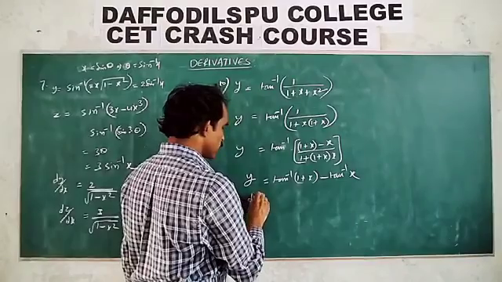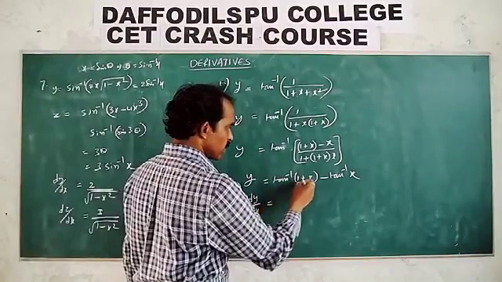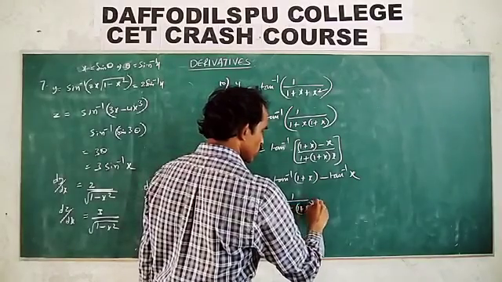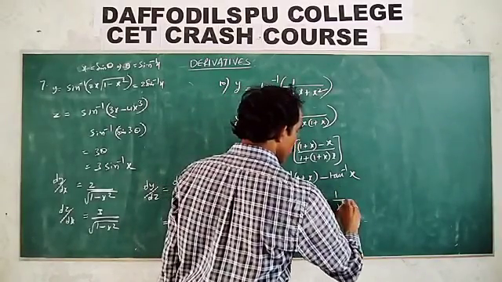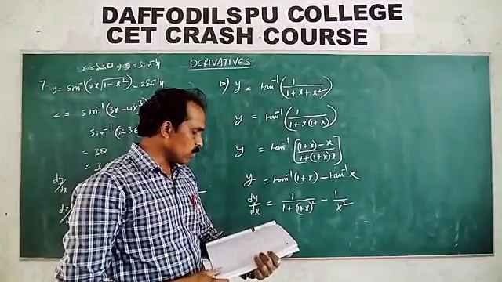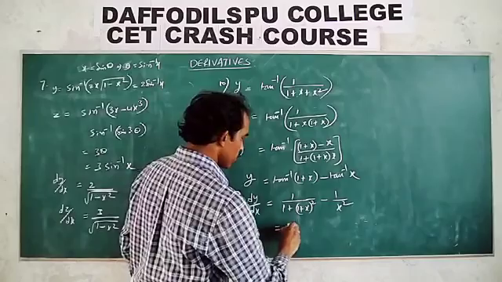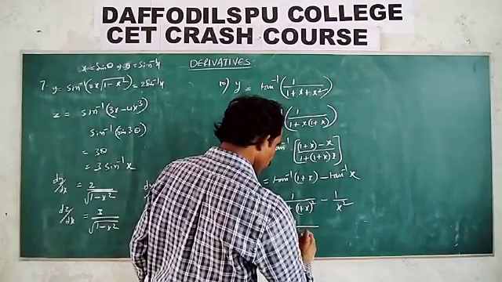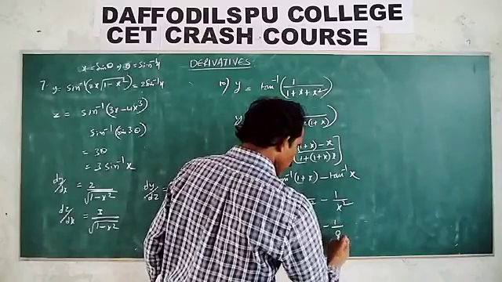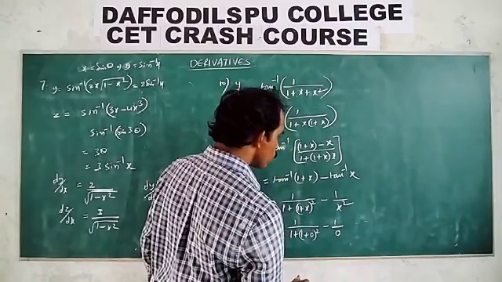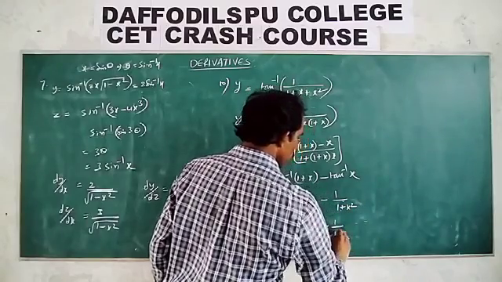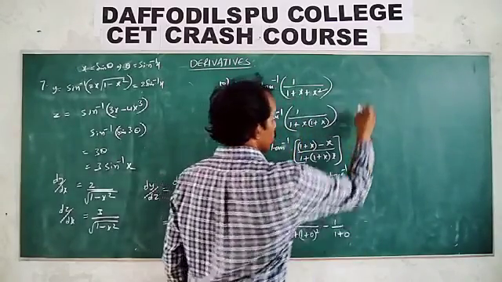So now dy by dx is equal to 1 by (1 plus x) whole square minus 1 by (1 plus x square). And at x is equal to 0, in place of x put 0: 1 by (1 plus 0) whole square minus 1 by (1 plus 0).